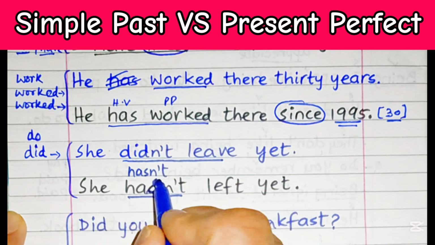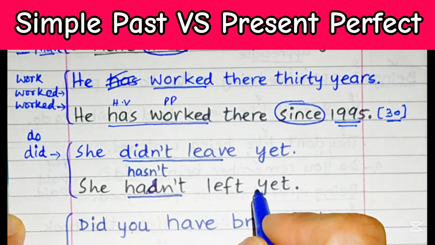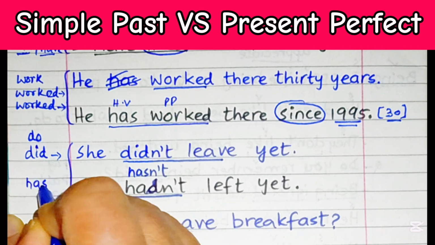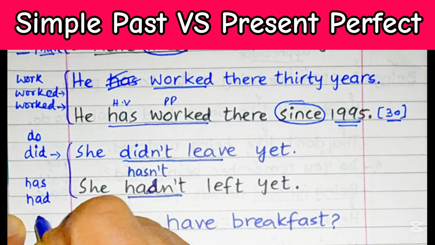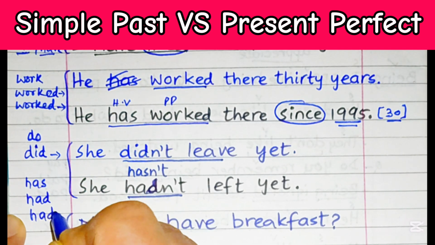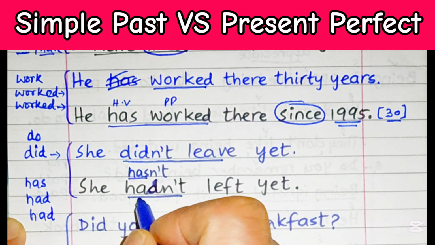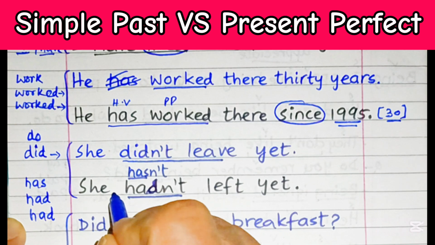And then she hasn't left yet. Here is the helping verb has. The past form of it is had, and the past participle is also had. So this has is actually the helping verb in this particular sentence.